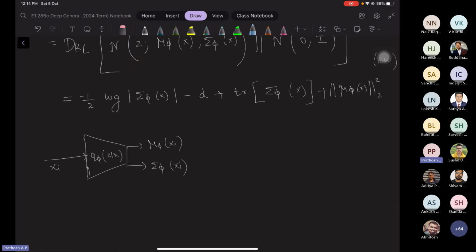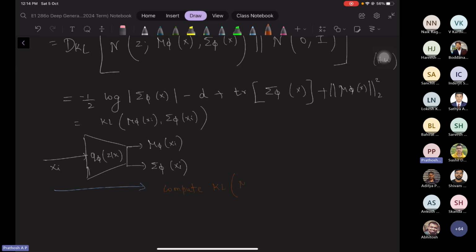All you need to do is just one forward pass to get your mu phi and sigma phi, right? And let's write this as some KL, which is a function of mu phi of xi and sigma phi of xi. So now you have one forward pass, and for the reverse pass, you don't even have to go to the decoder at all.